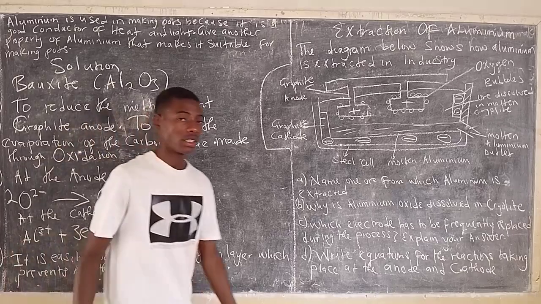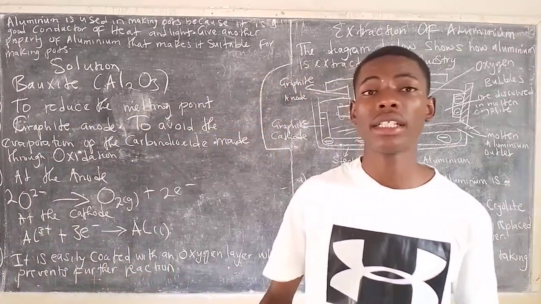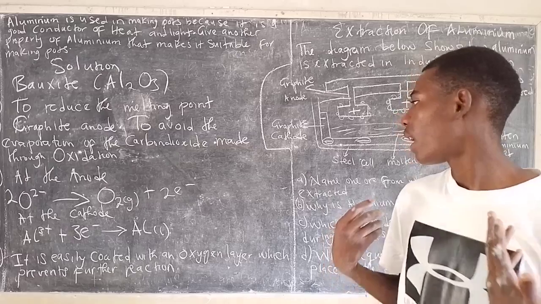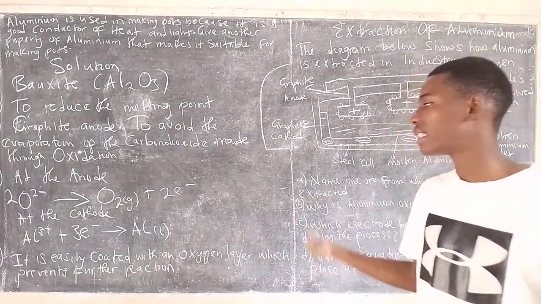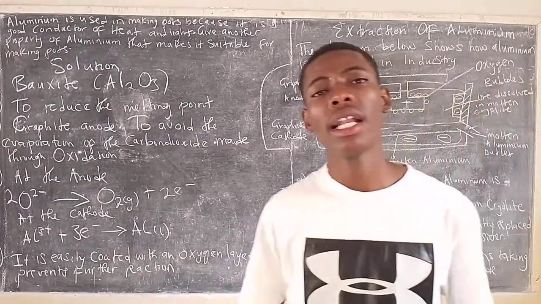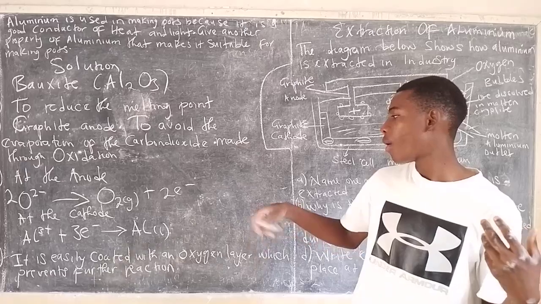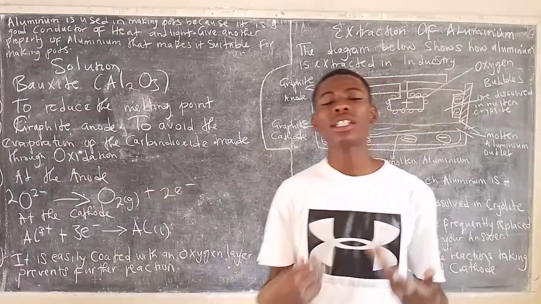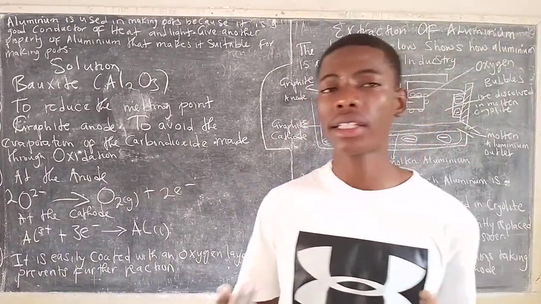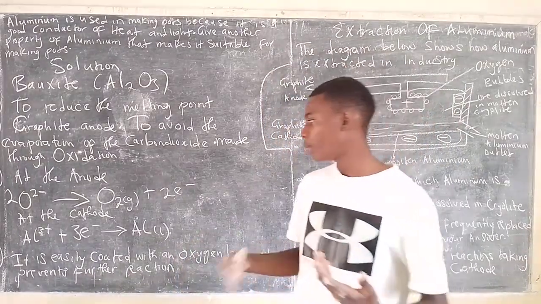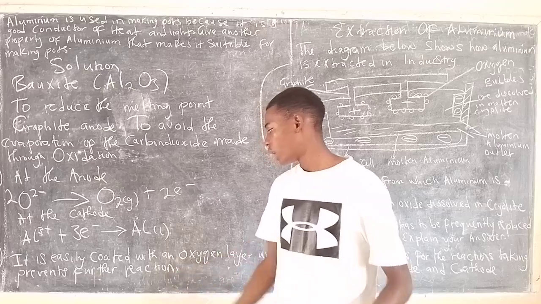Immediately aluminium is extracted, due to its reactivity, it is coated with an oxide layer, or in other terms we can say it reacts with oxygen to form a coating on it. That coat makes it unreactive. So due to that, aluminium is used in making pots.